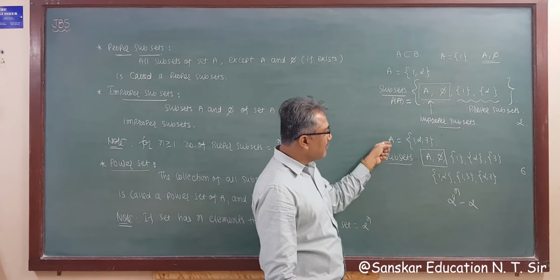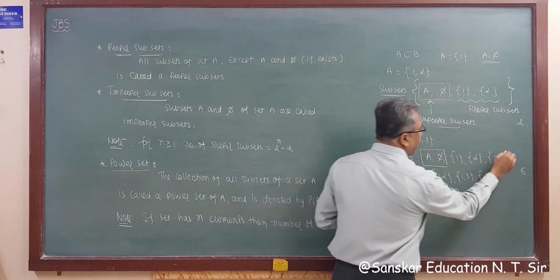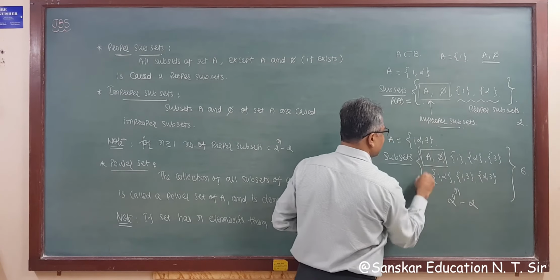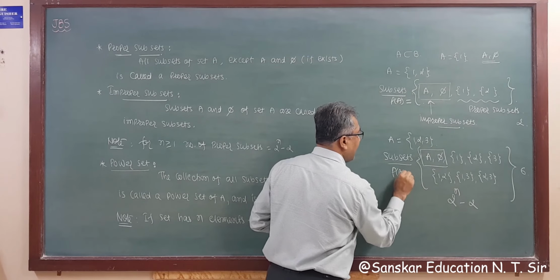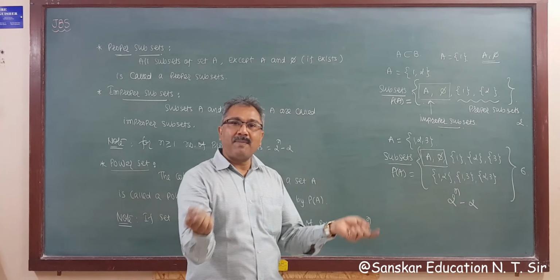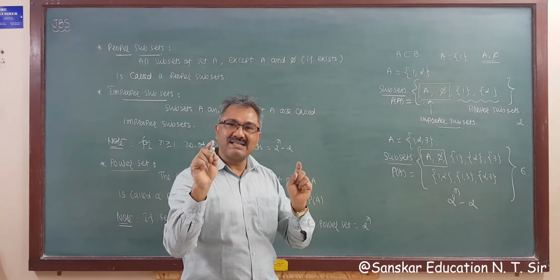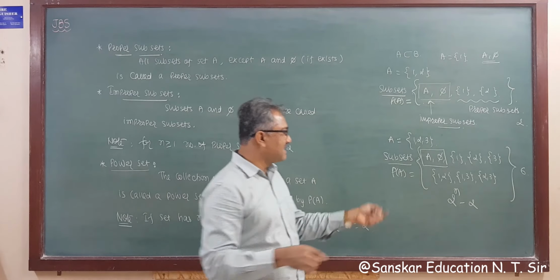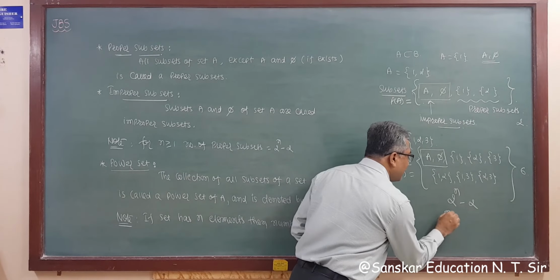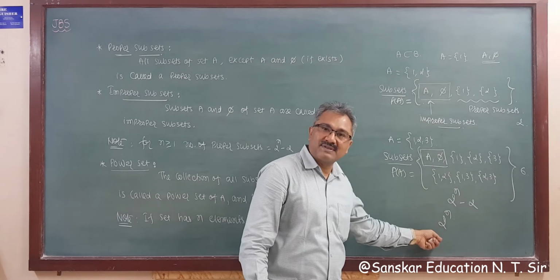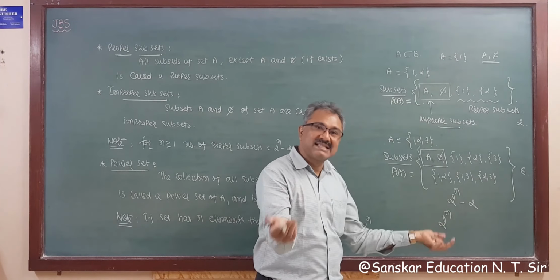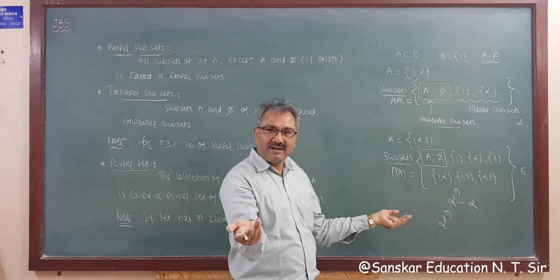So for A equal to this, these sets are the power set of A, right? The number of elements in the power set is similarly 2 raised to n, that is the number of subsets. The total number of subsets is equal to the number of elements of the power set of A, right?